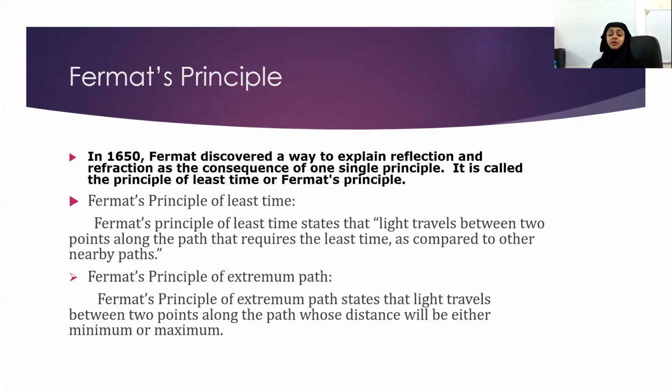When we started geometrical optics, we said there are a few major assumptions. One is that light makes rectilinear propagation. That means when you use a torchlight, have you ever used a torchlight?